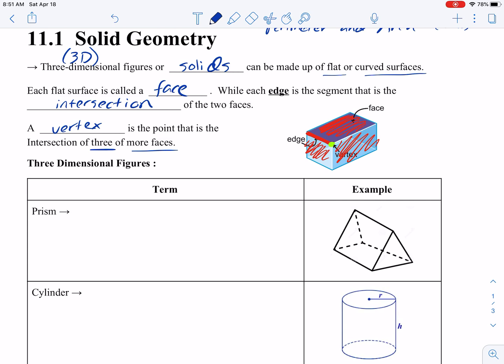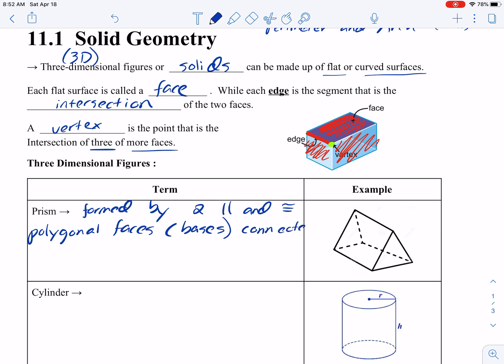A prism is formed by two parallel and congruent polygonal faces, and we call those two congruent and parallel faces the bases of a prism, that are connected by faces that are parallelograms.